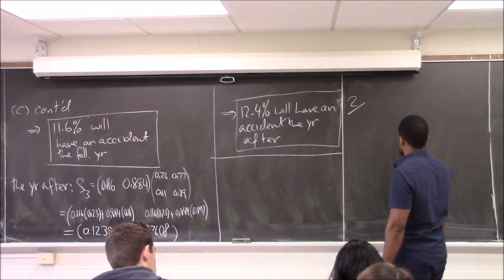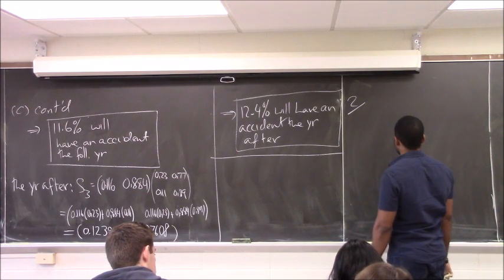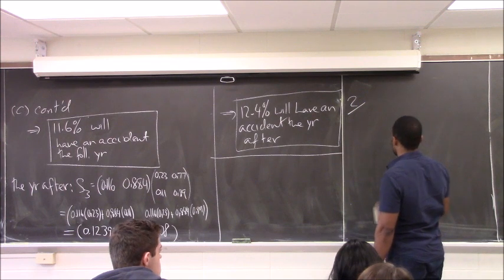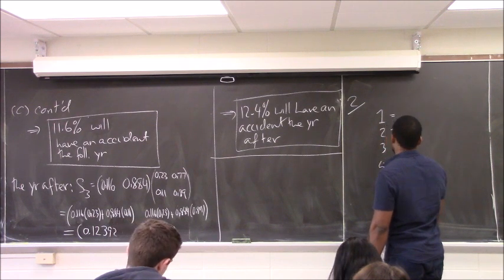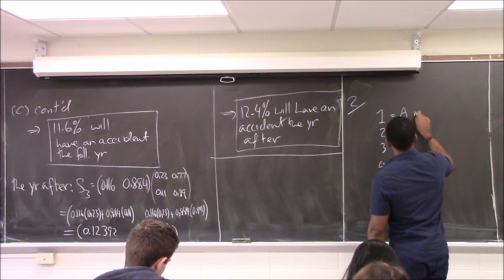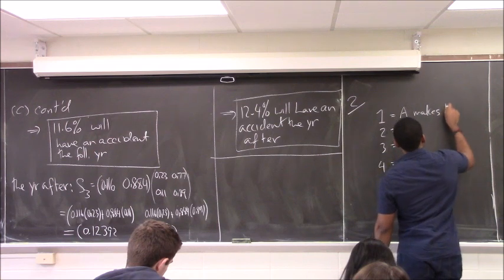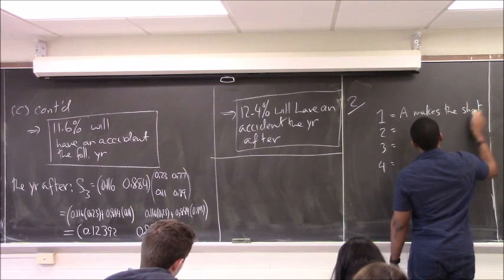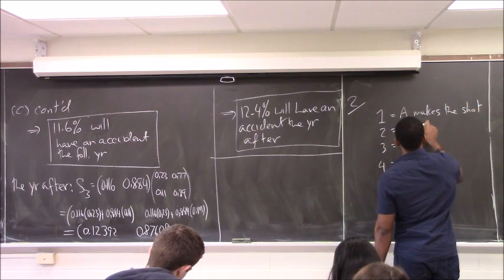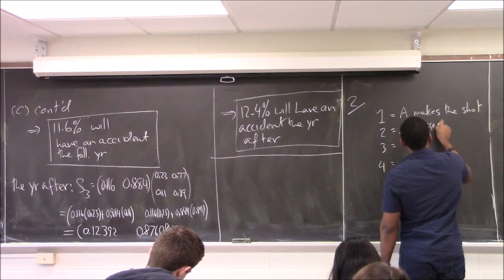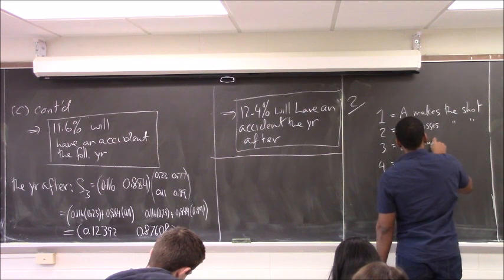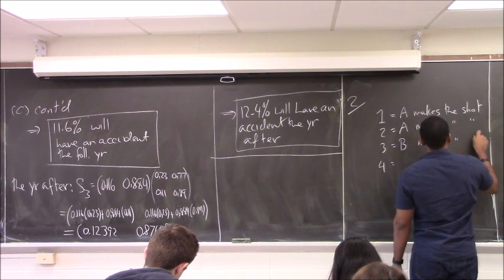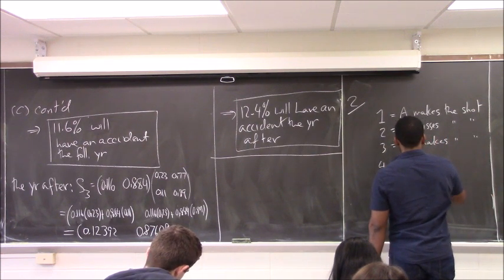So here are the states that I would put here. Each player can have 2 states, so there are actually 4 states here. Let's call one A makes it, or A can miss it, 3, B makes it, or B misses.